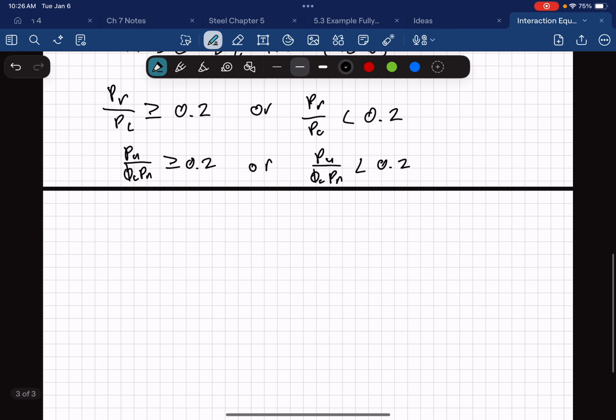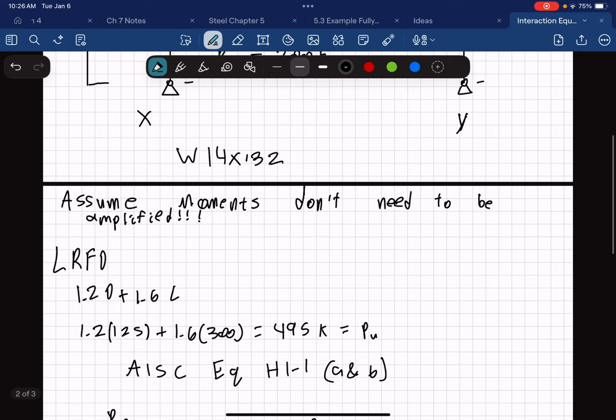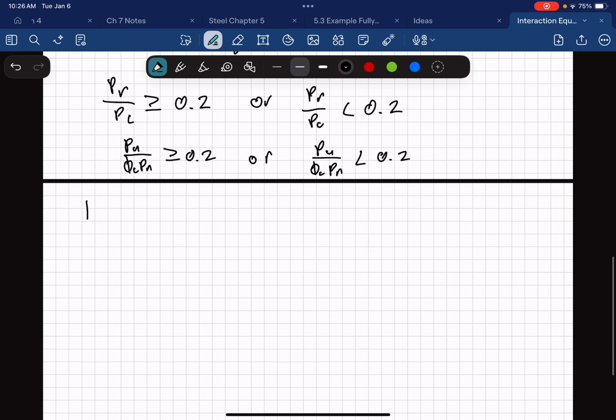So Pu we already found. We found Pu is equal to 495. And to find phi c Pn, we can go to Table 6-1, and with Table 6-1, we can go to W14x132. We have a 25-foot length, and we're going to have to interpolate here because the table does not have a value for 25.